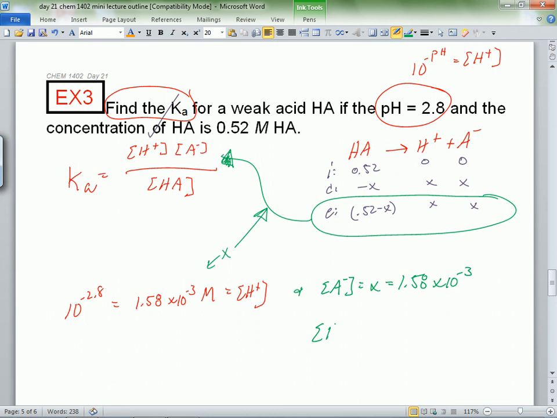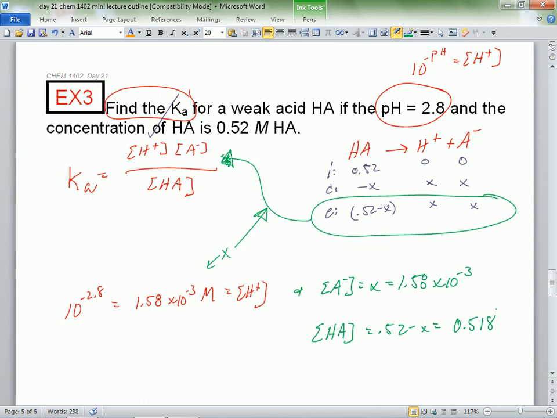And my HA, he's 0.52 minus X. Didn't really change much, but we'll write them down, all the digits. We could just as well have left it alone, right? We could have got by with leaving it alone, but that's okay.